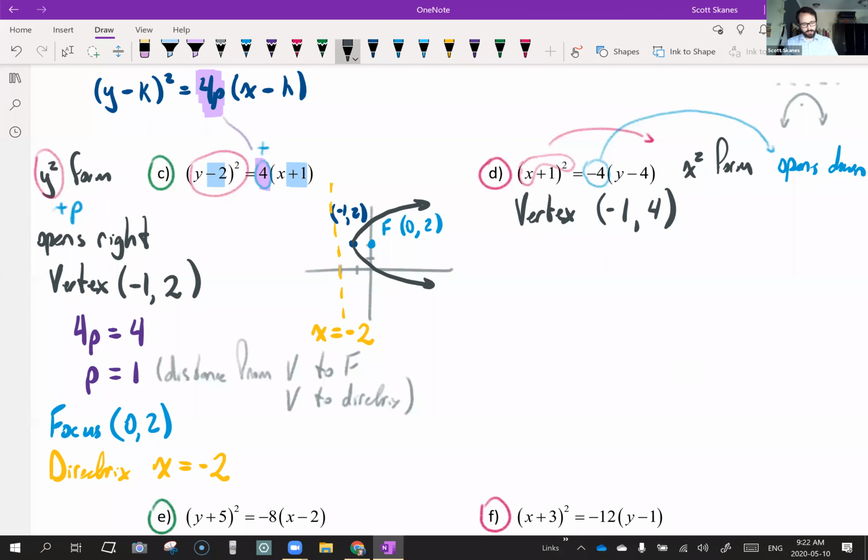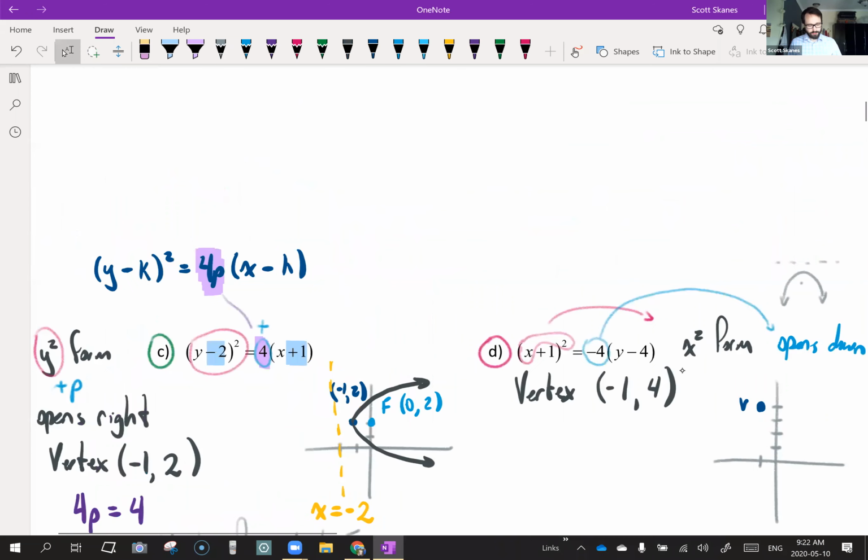So our sketch will have -1 and 1, 2, 3, 4. It will have a vertex at -1 and 4. That'll be our vertex, and it's going to open down. So this is a good start. There's obviously more things we need.